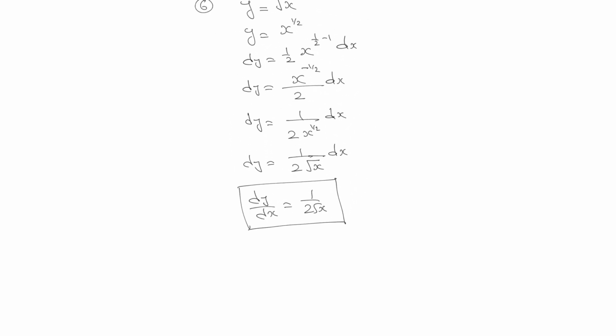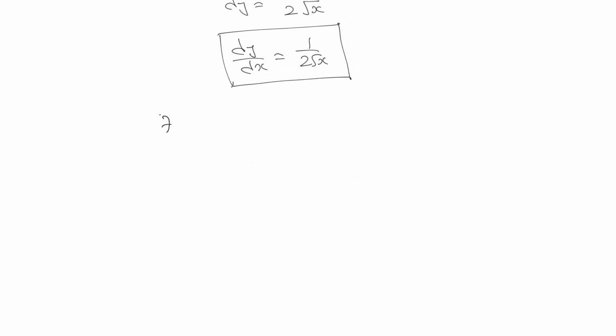We can take some more examples. Like if it is given that y is equal to x raised to minus 3, then how to find out the value of dy by dx? We can write dy will be equal to minus 3 into x raised to minus 3 minus 1 into dx.